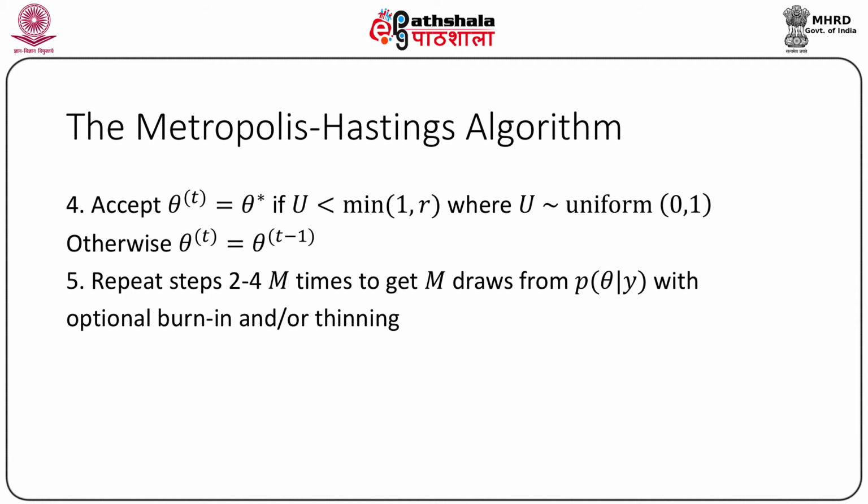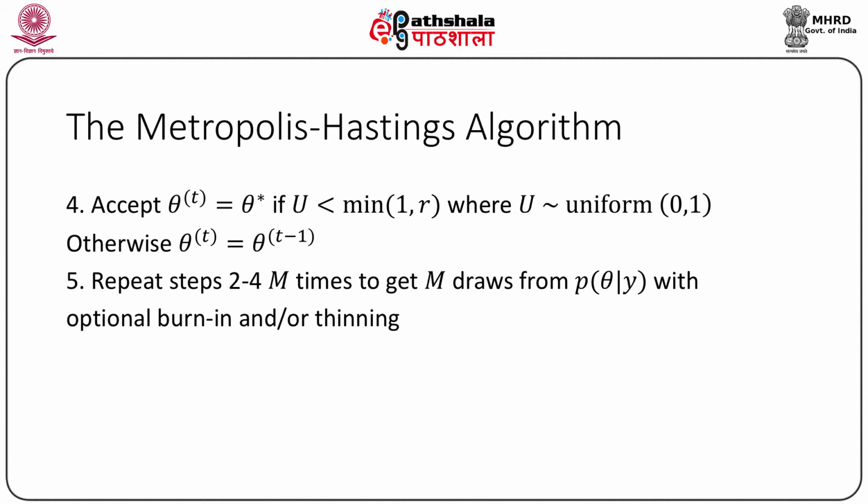Then we accept theta t equal to theta star if u is less than the minimum of 1 and r, where u is uniform 0, 1. Otherwise, we don't move, that is, theta t equals theta t minus 1.